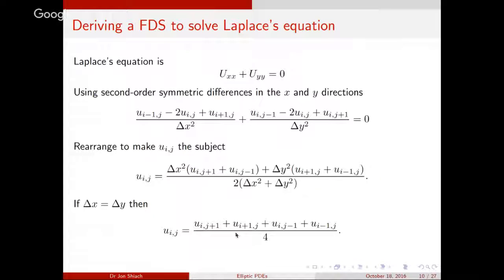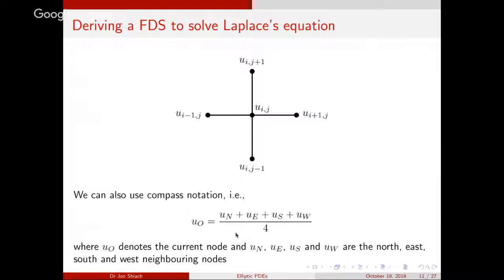So in effect, using a second order finite difference approximation, all you have to do is find the average of the nodes to the top, bottom, left, and right, and we can solve the node ij. But of course, that is going to affect its neighbouring nodes, so we have to solve for all nodes across the domain. So there's a stencil.